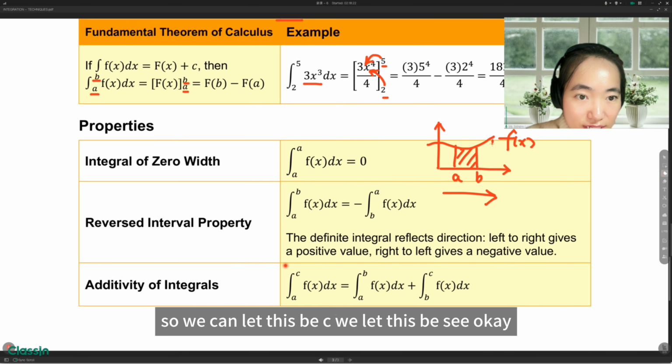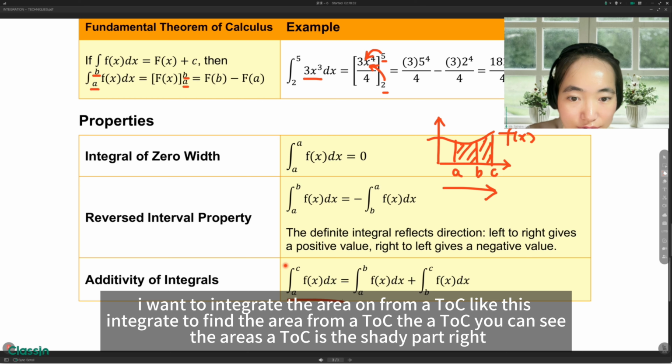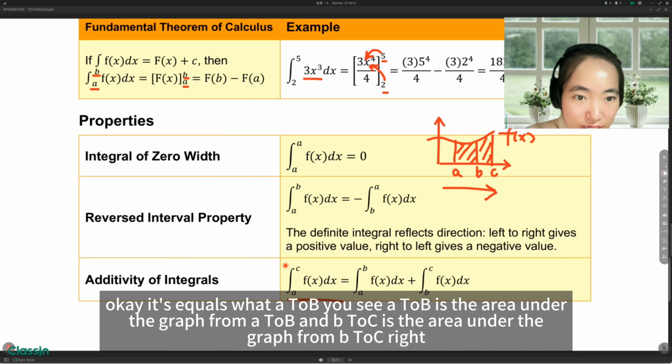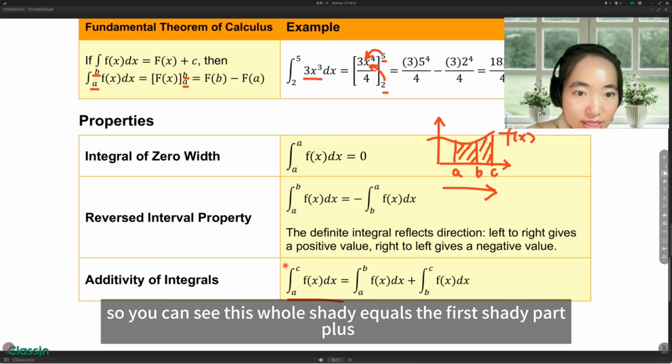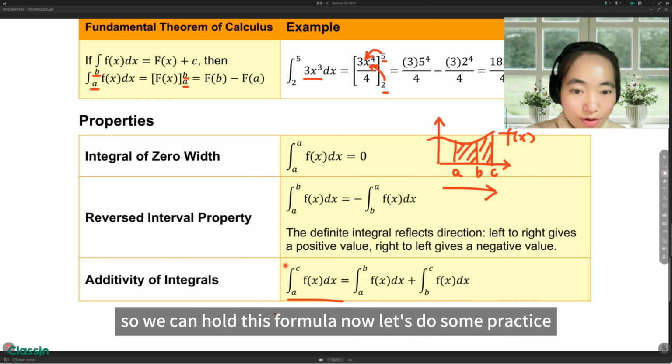Let this point be C. I want to find the area from A to C, the shaded part. It equals the area under the graph from A to B plus the area under the graph from B to C. So the whole shaded area equals the first shaded part plus the second shaded part. So we can write this formula.